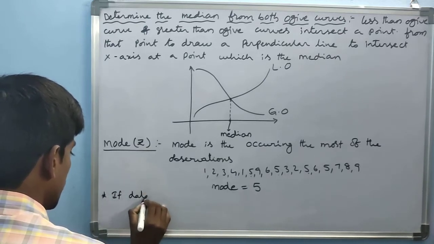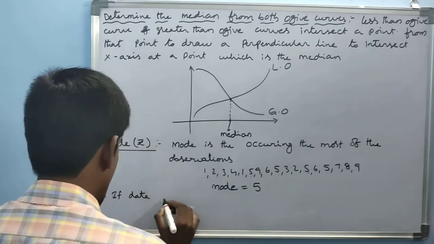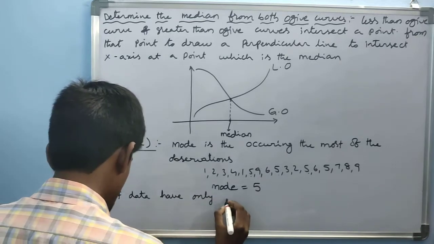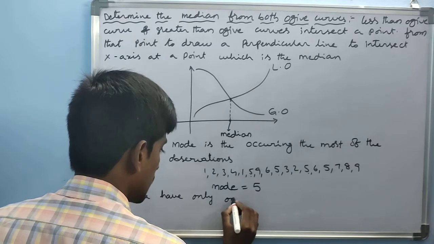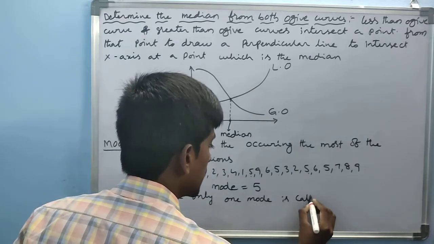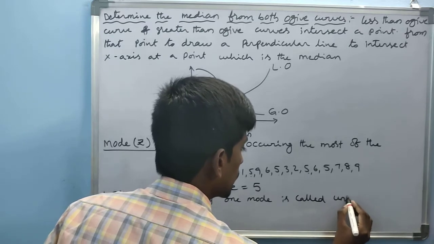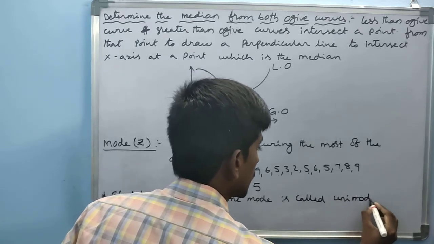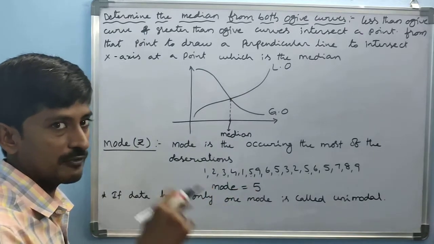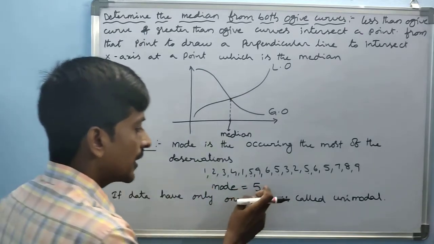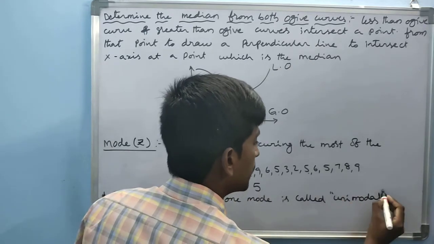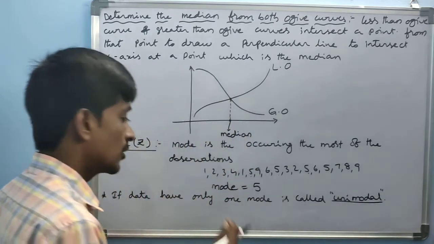If data have only one mode, it is called unimodal. One number is most frequently occurring, so here one mode is there. That is called unimodal. Sometimes two modes come.